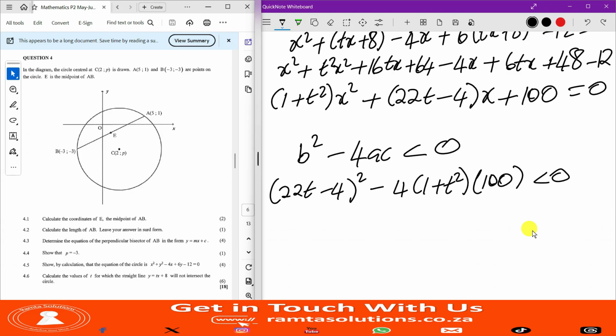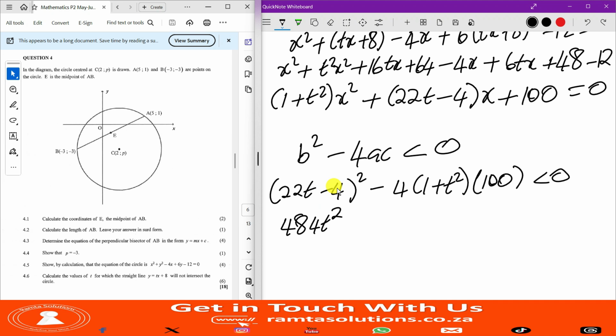Now let's see. We have 22 squared, 484 t squared, minus, what is this? Is this minus 44?